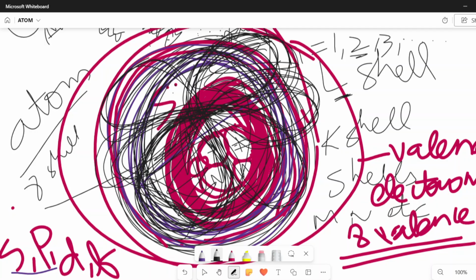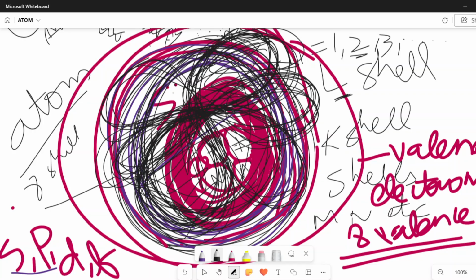They will be vibrating, not rotating, the word is wrong. They will be vibrating in these parts. So this will be your P subshell. So similarly, we have further the D, F subshells. So these different parts are present, different types of parts.